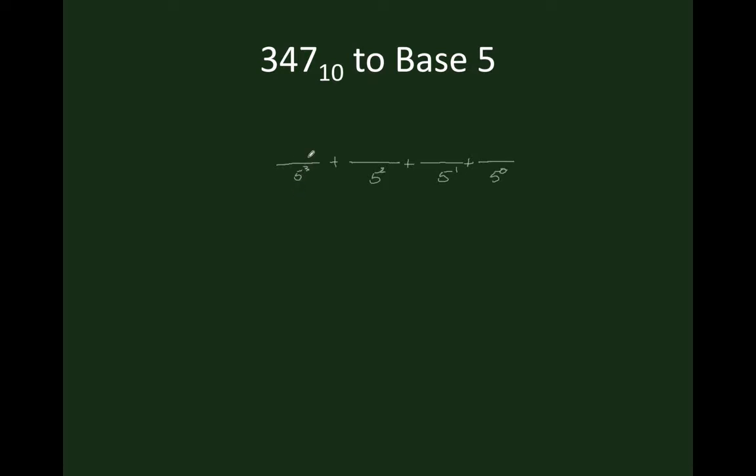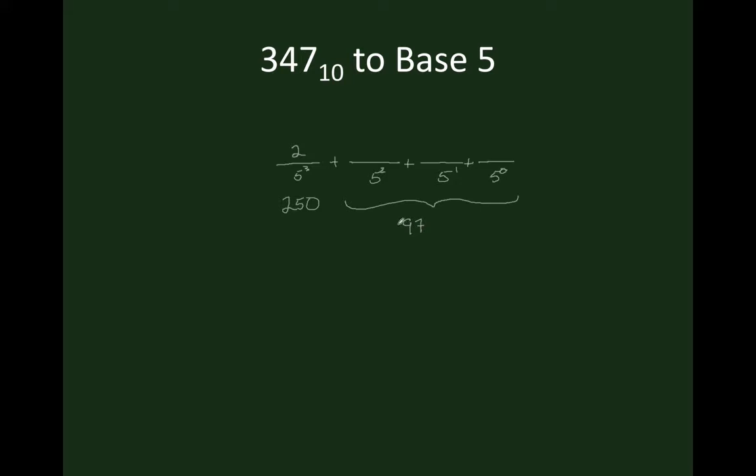So it must be that there's two third powers of 5 in that number, which is 250. Now that means for the rest of these digits, I have to account for 97, because 250 plus 97 is 347.